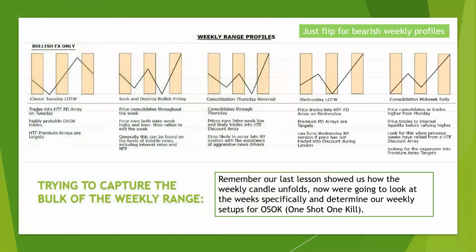Now, if you can see here, we've got our weekly profile ranges. I'm only going to do the bullish examples. It's the same exact thing, just flipped opposite for the bearish. So just take good notes about the bullish ones, and then feel free to do the bearish ones on your own.